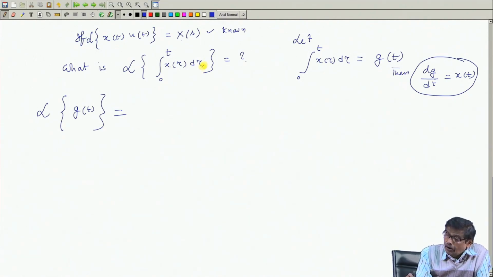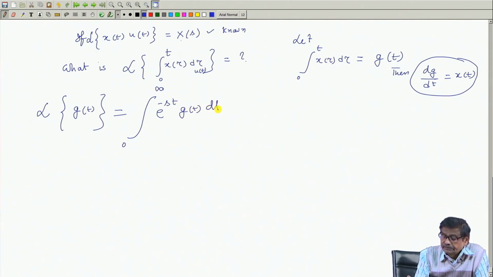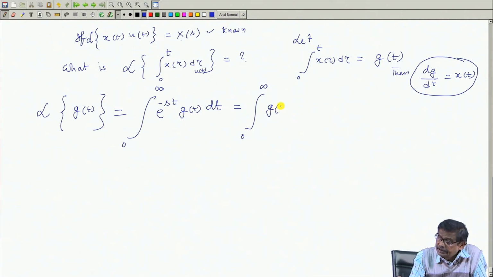Then g(t), multiplied by u(t), which allows me to integrate from 0 to infinity, so the Laplace transform is the integral of e to the power minus st into g(t) dt. Now here I will treat this g(t) as the first function and e to the power minus st as the second function, and integrate by parts.